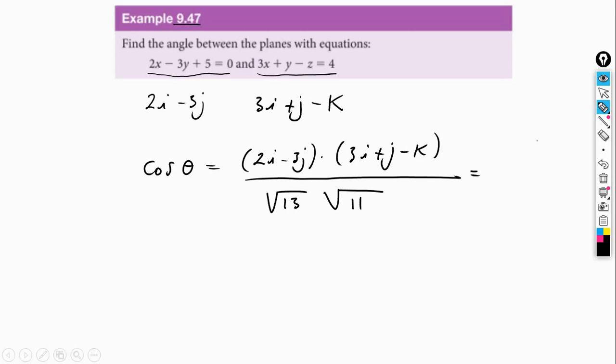So if we do the math here, this is going to give us 3 over the square root of 33. Therefore, the angle theta is going to equal the inverse cosine of 3 over the square root of 33.